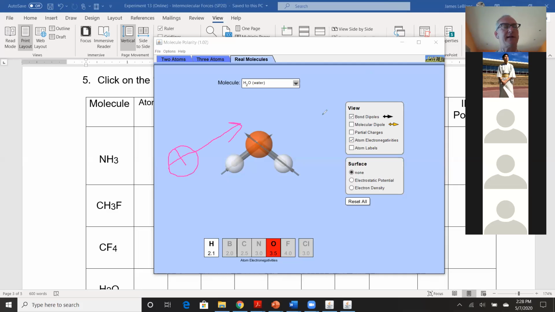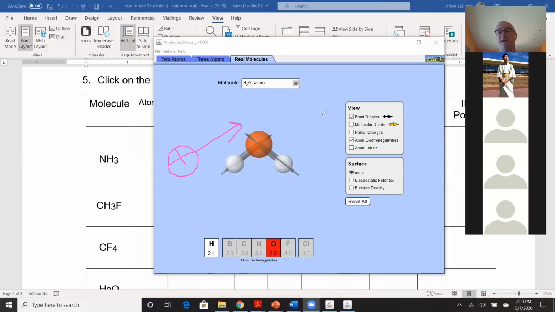What do you expect? Do you expect the oxygen to have a high partial negative charge or not quite so high? Will it be closer to 1 or closer to a half? Further away from 0?